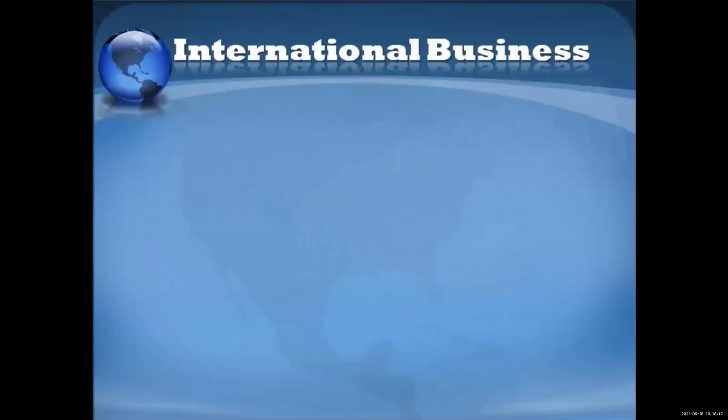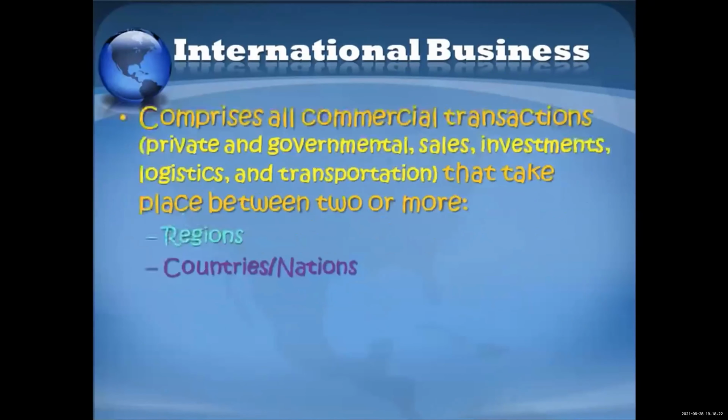So what makes a business an international business? Well, it's very, very simple. As soon as a business, an organization, engages in business activity across regions or country or political borders, they all of a sudden have become an international business. Many private and governmental businesses are international. Any sales business, international.